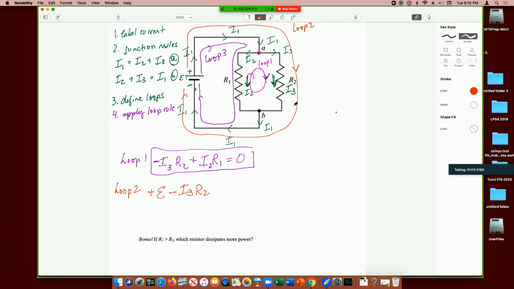I kind of regret labeling it that way now, but that's what we did. And that's going to equal 0. So from there I could calculate what I3 is: it's just the voltage of the battery divided by R2. Okay, so now let's do the last loop, loop 3.